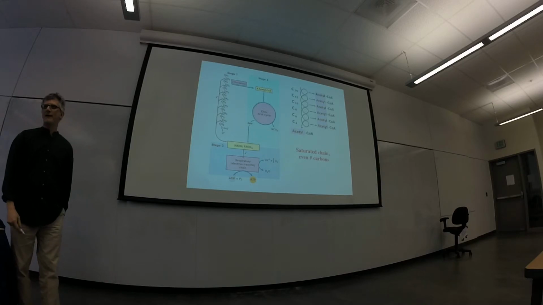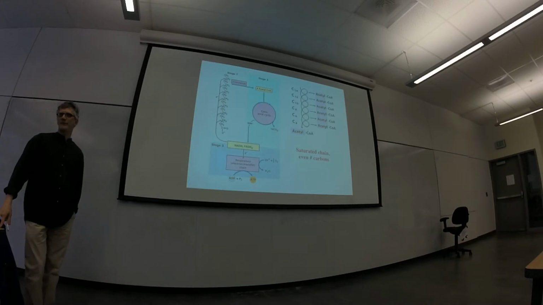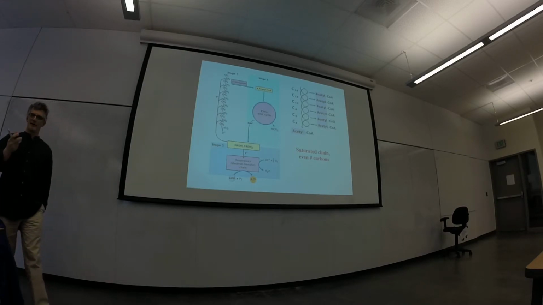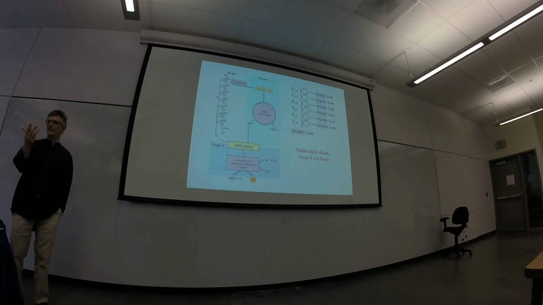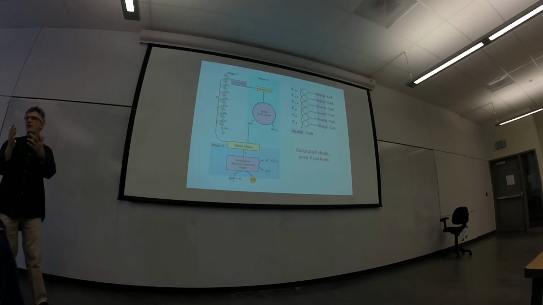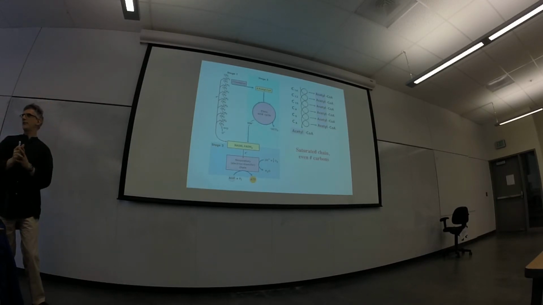So most of the energy you get out of the fats is actually coming from the TCA cycle. So the TCA cycle is both a sugar accepting cycle and a fat accepting cycle. I mean, it accepts acetyl-CoA in either case, but acetyl-CoA comes from fats or it comes from glucose.